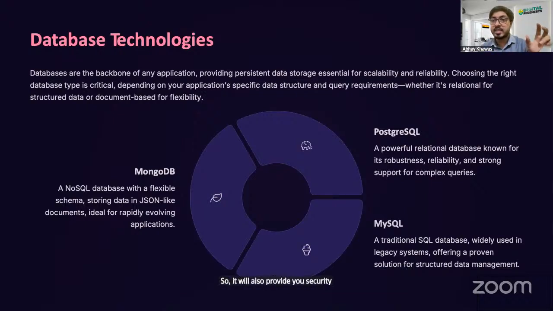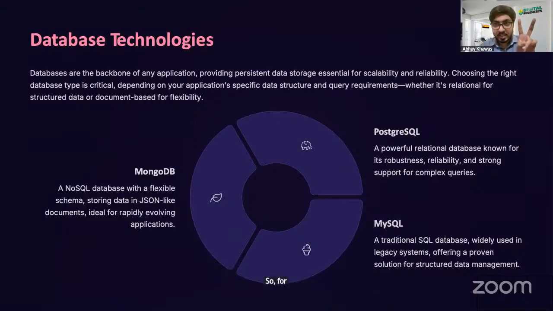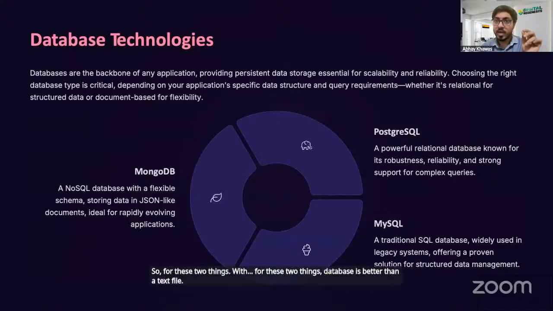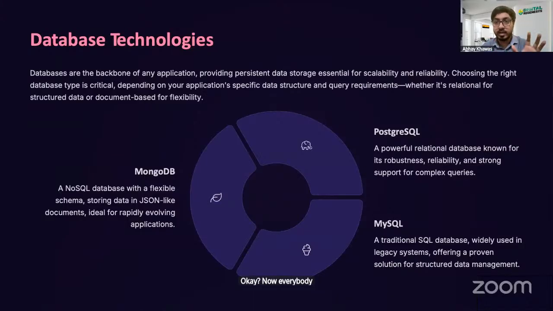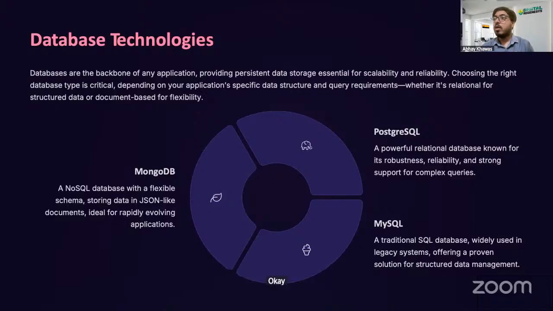It will have a passkey, a secret token to access the database and everything. So for these two things, a database is better than a text file. Now everybody knows what we do in a database, right? Why are we not using a text file? Why are we not using something else? Why a database? This is the reason why. Okay, cool guys. So that is the reason why we are using a database.